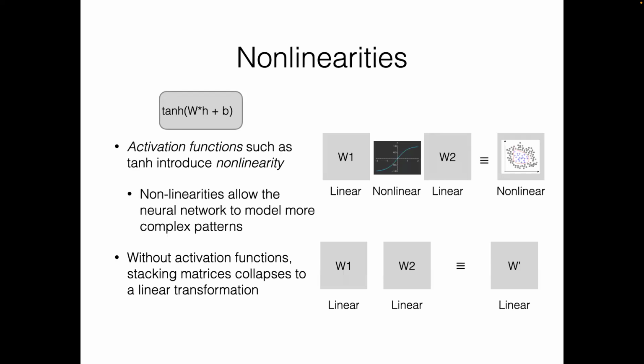It can represent a wider class of functions. So here's a nice visualization where it learns this decision boundary, and it's a circle, and it might be difficult to learn that otherwise. But anyway, this is a really important part of neural networks and deep neural networks.